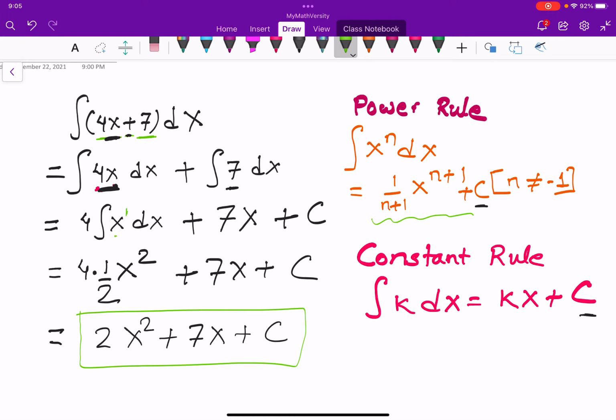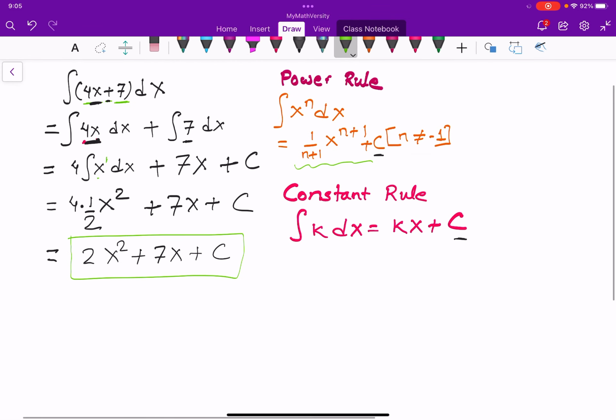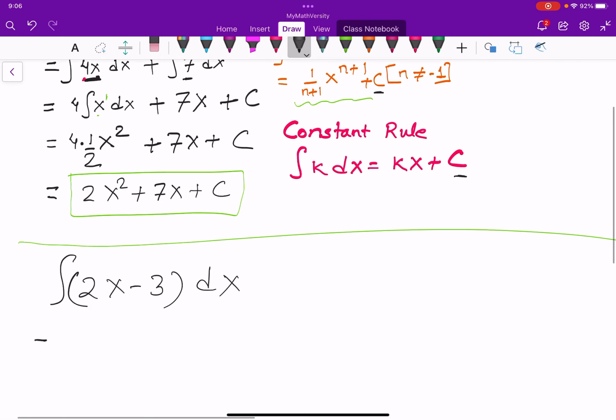In the same way, we can figure out the antiderivative of any other function of this kind. For example, let's say you have 2x minus 3. What should be the antiderivative? We find the antiderivative of 2x, which is 2 times the antiderivative of x, like in the previous case.